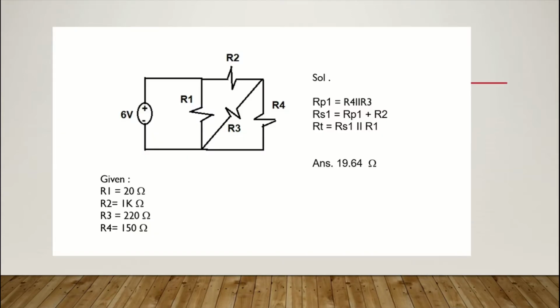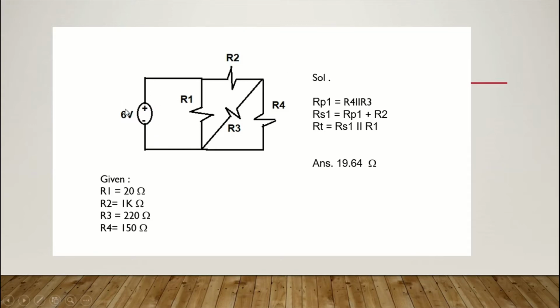I'm not really going to solve it, but I will explain how you should start solving a combinational circuit of resistors. So first, since andito yung source, you have to start here. So your solving must be from right to left because andito yung source.